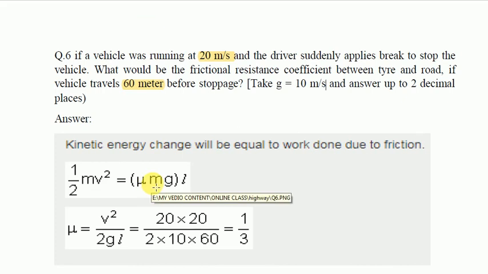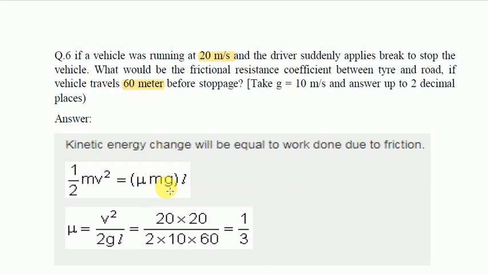As we know, kinetic energy change will be equal to work done due to friction. So we know kinetic energy is given by half mv square, and work done is mu into weight into the distance traveled before stoppage.